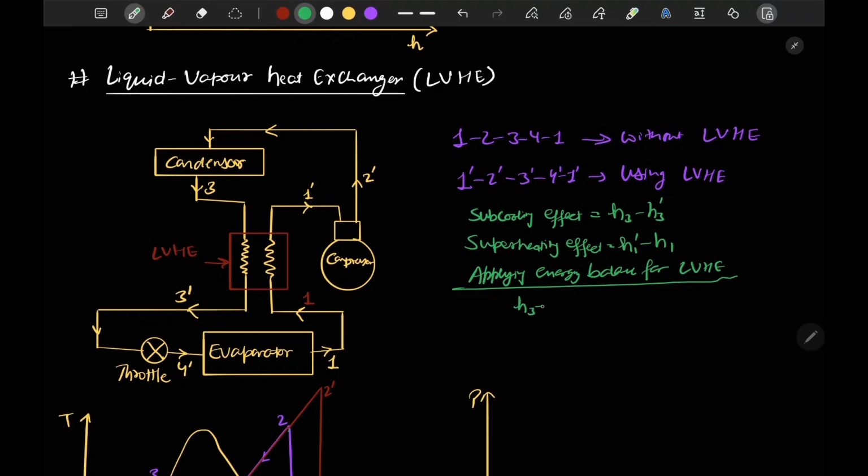So we can write H3 minus H3 dash is equal to H1 dash minus H1. This condition can be used to calculate the unknown. If one point is unknown, you can use this equation to calculate your unknown value.